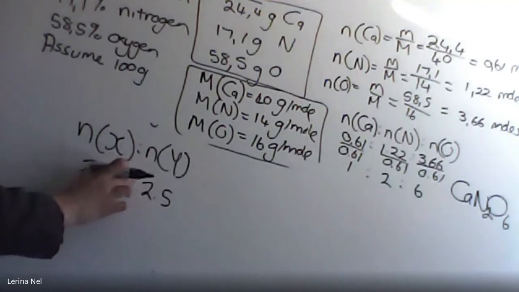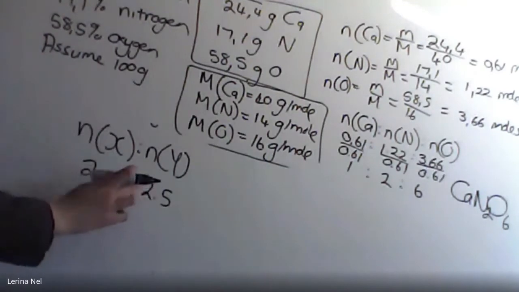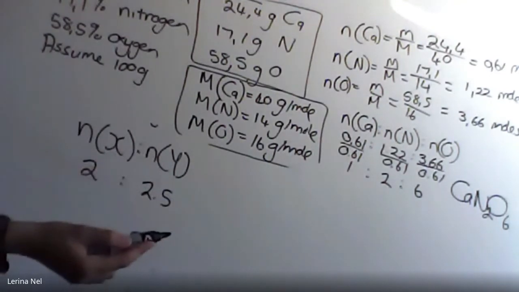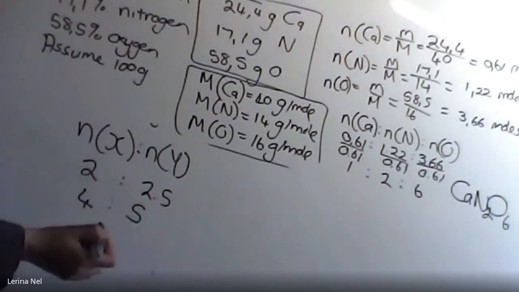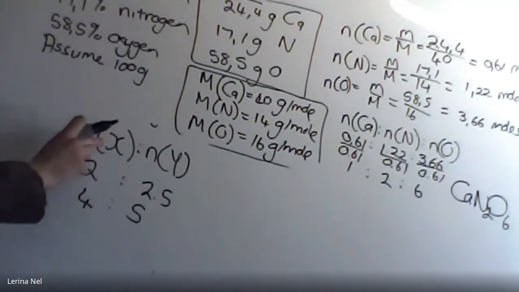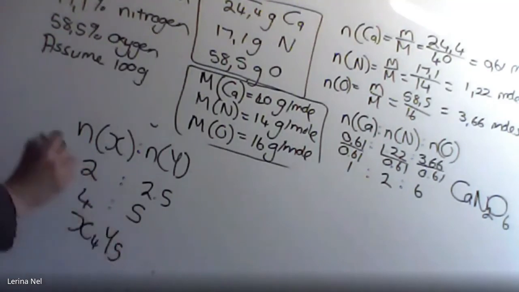We can't just round this down or up. So what you then have to do is take it to the closest whole number, which normally means multiplying it by 2. So the mole ratio will be 4 to 5. That would be the simplest ratio, in which X and Y would be X4, Y5.